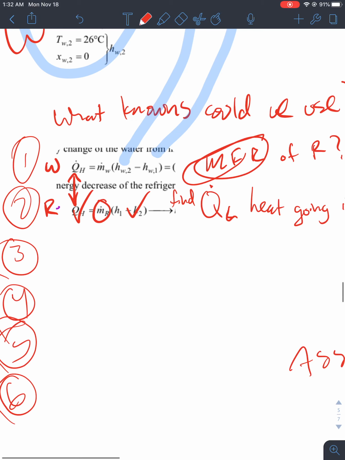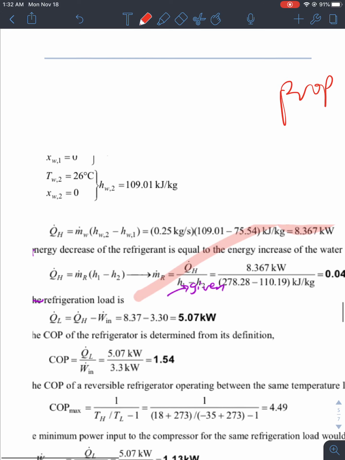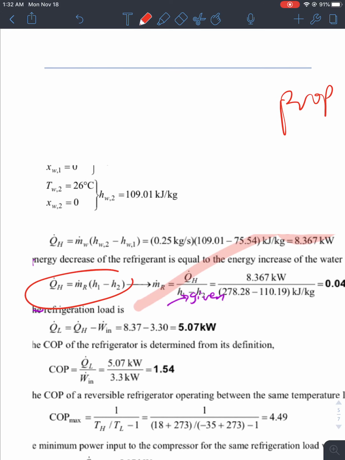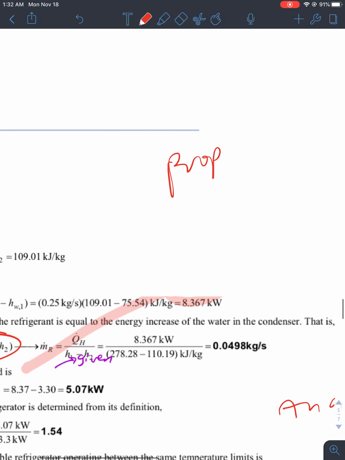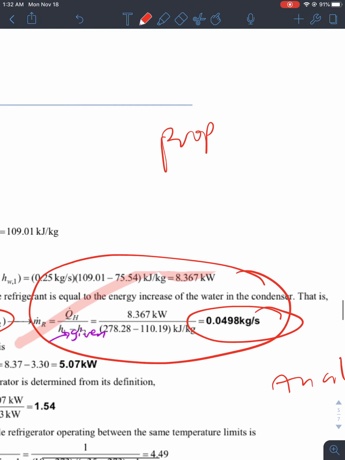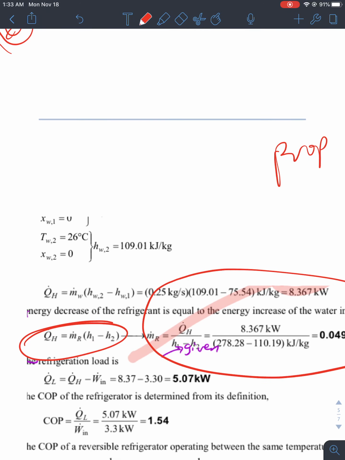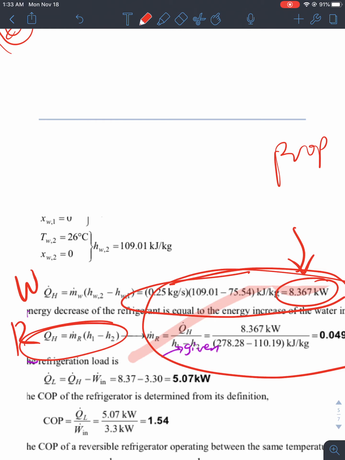So use this equation, get the values. Here are the values. There is the mass flow rate, in kilograms per second. And over here, if you enter data for the water side, you get these numbers. Here's your heat rate on the high side.